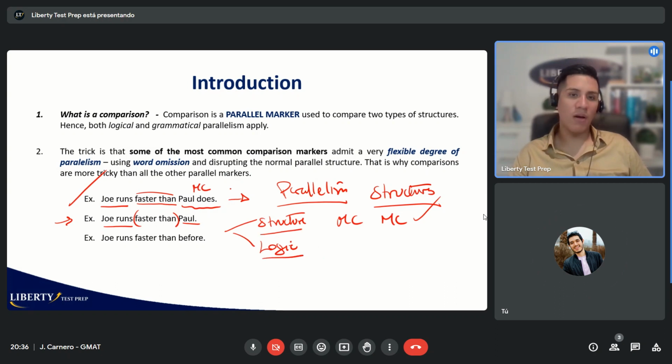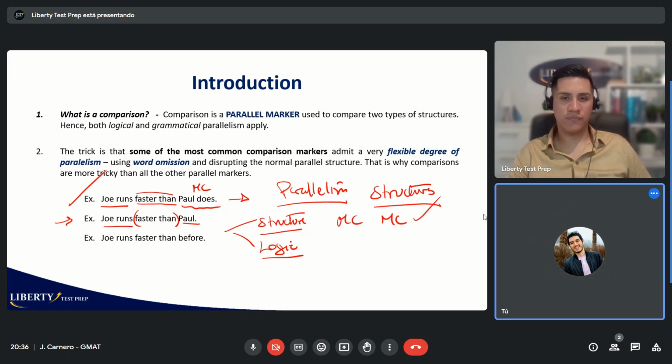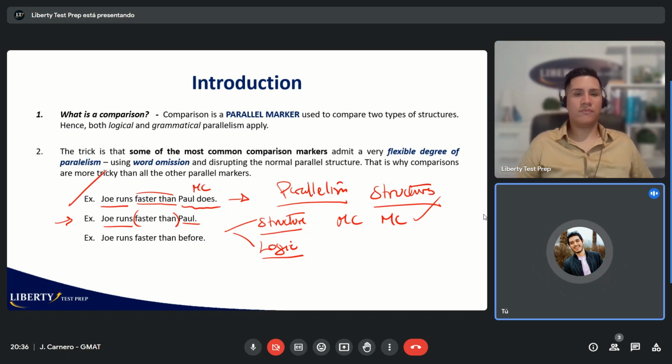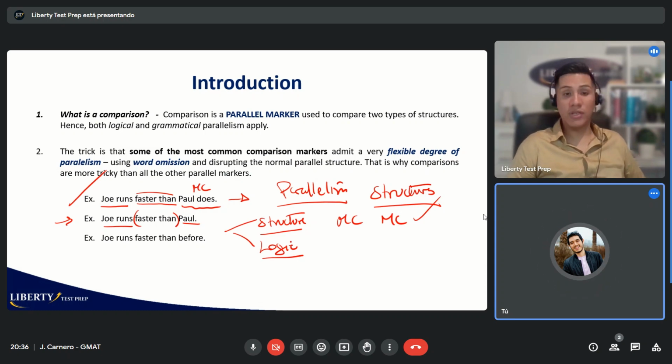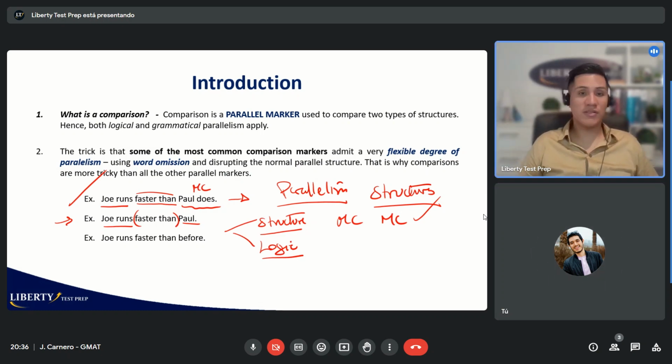Now, are both 100% correct? Well, structure, I think we need a verb. We would need a verb, correct? So structural is not good. What about the logical? Yes. Okay. So what are they doing? Maybe they are making a flexibility, an omission here on the right side. It's missing a verb.